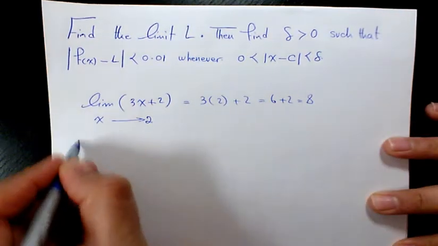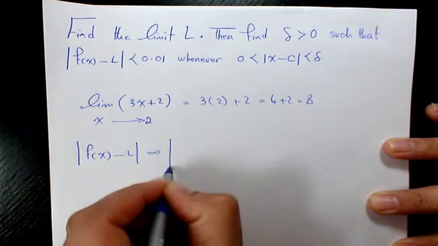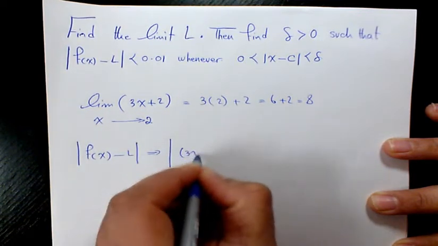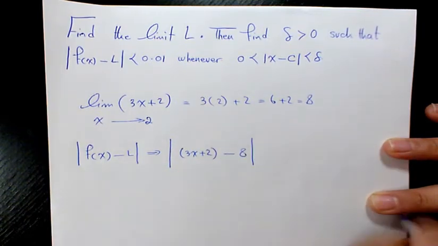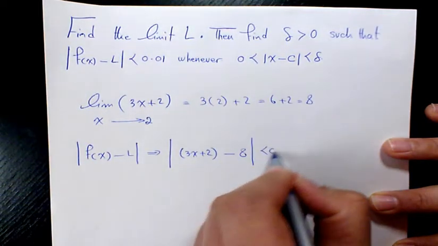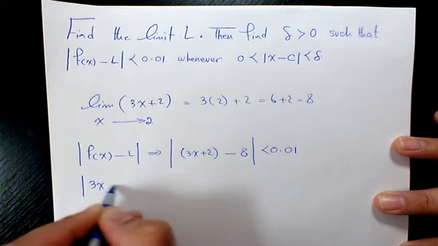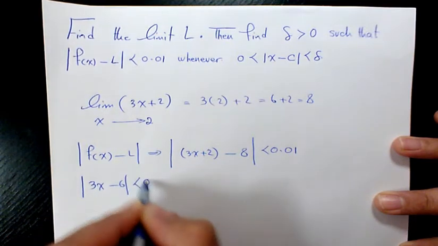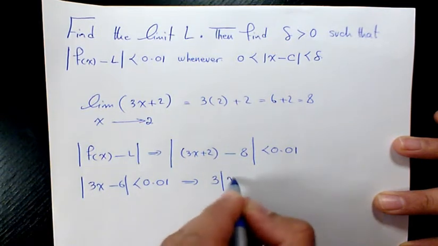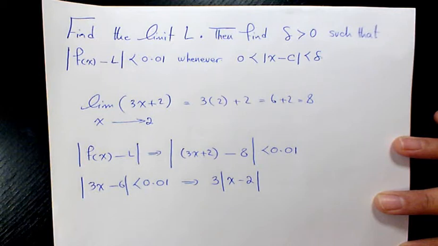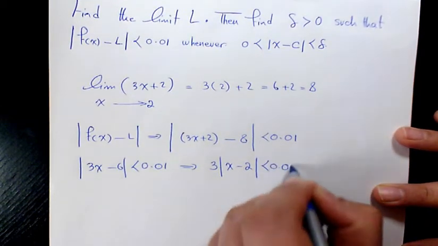So we're going to say that f of x minus L, which is 3x plus 2 minus 8, has to be less than 0.01. That will be 3x minus 6 less than 0.01, and you factor out the 3, which gives 3 times the absolute value of x minus 2 less than 0.01.